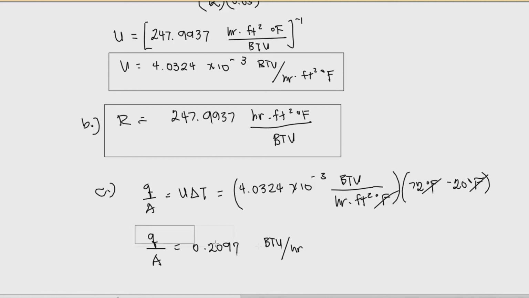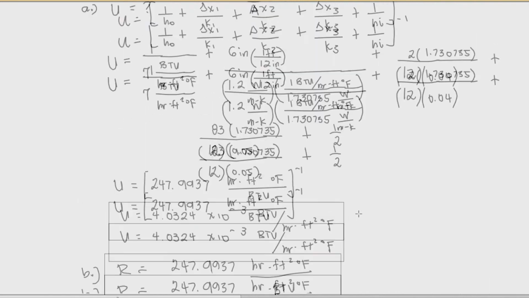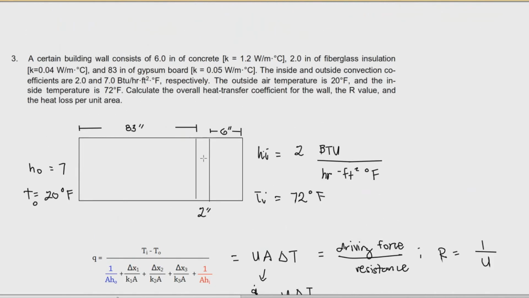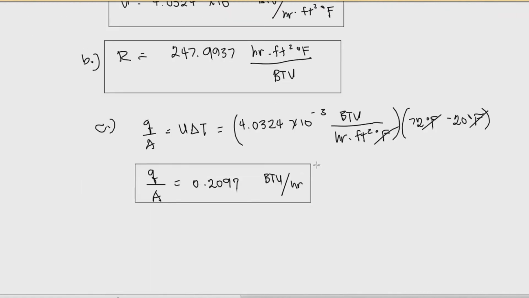That is the heat loss or heat gain. Let me just check if it's heat loss. That is the heat loss per unit area. I forgot to write feet squared.